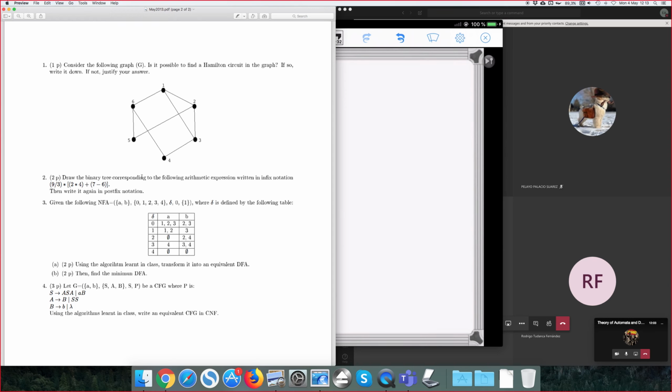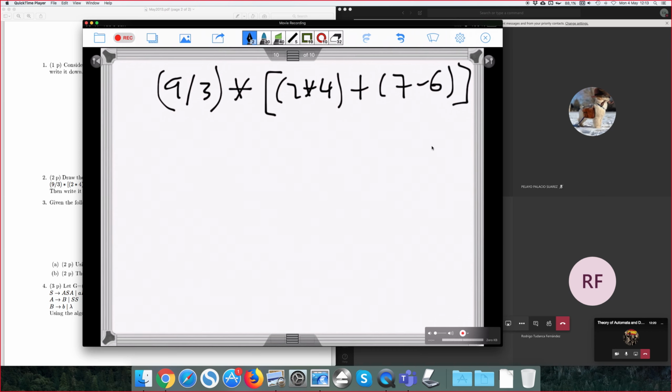So let me quickly copy the expression, and then I go to the whiteboard and I draw the binary tree.